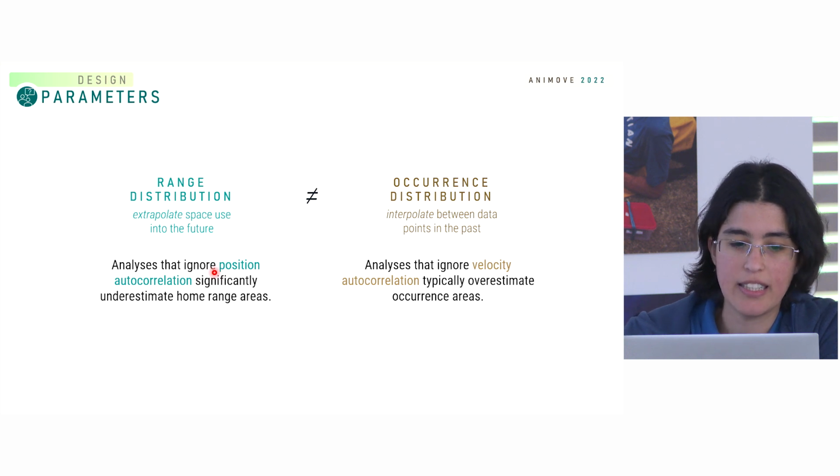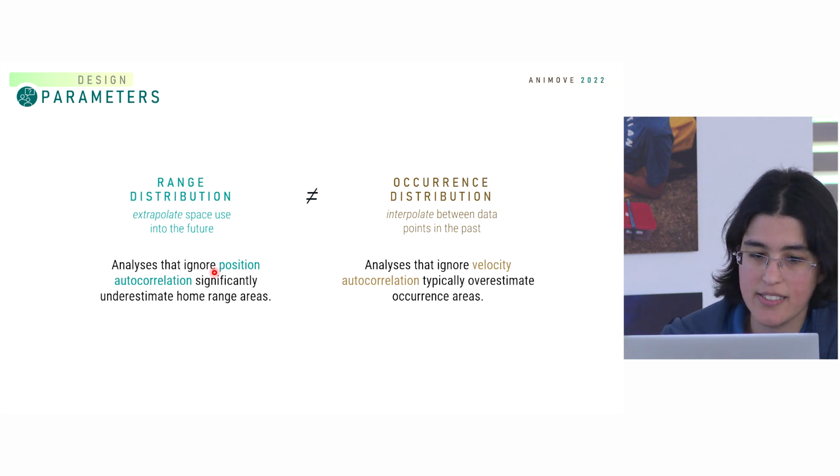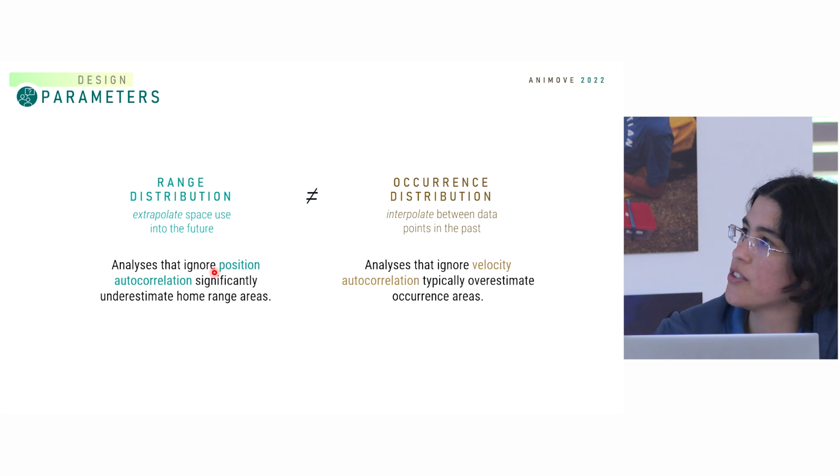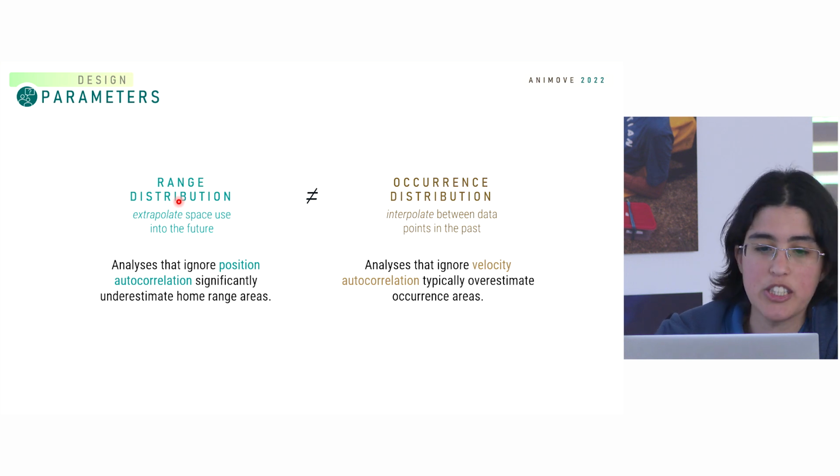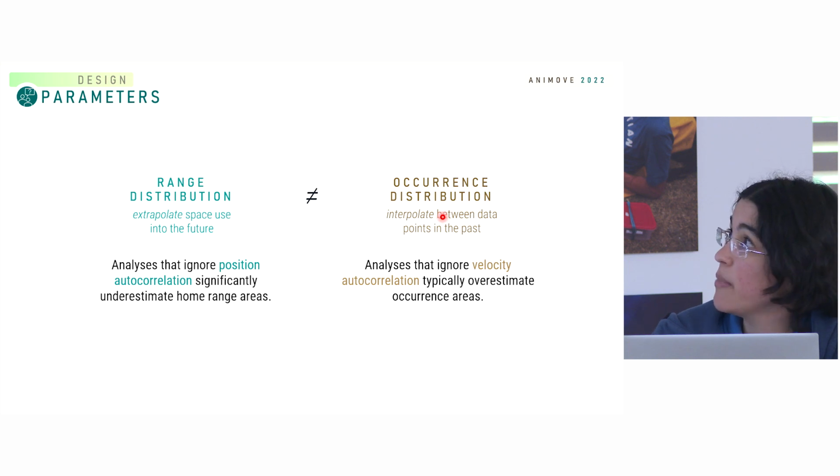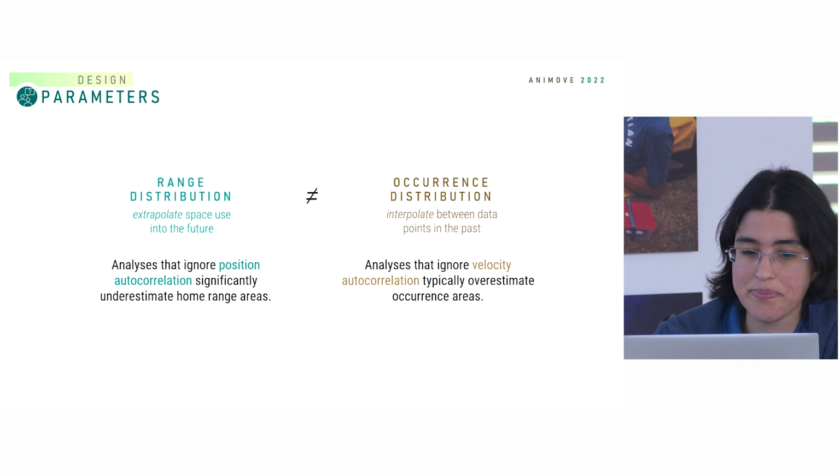Typically, analyses that ignore position autocorrelation underestimate range distributions and home range areas in general, while analyses that ignore velocity autocorrelation typically overestimate occurrence areas from the occurrence distribution.